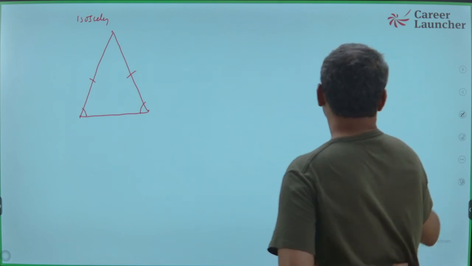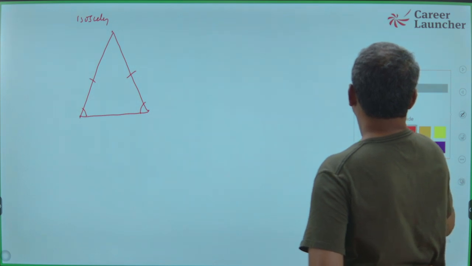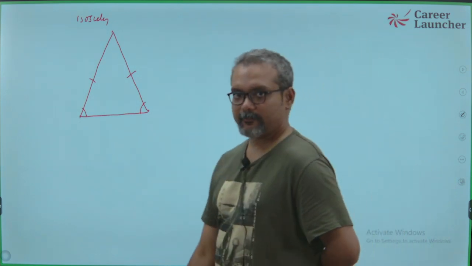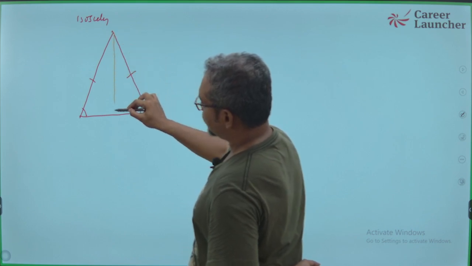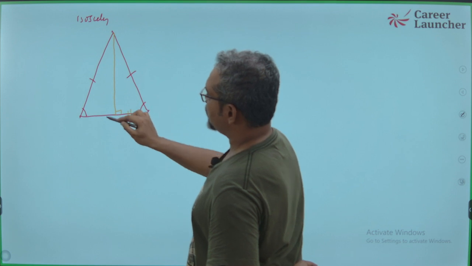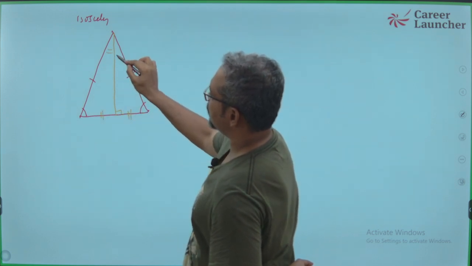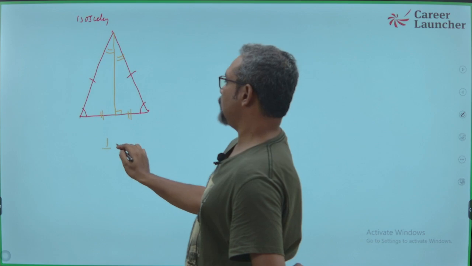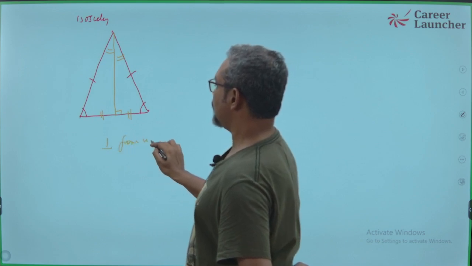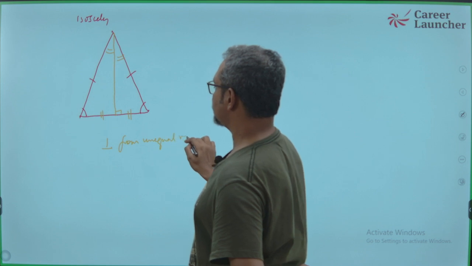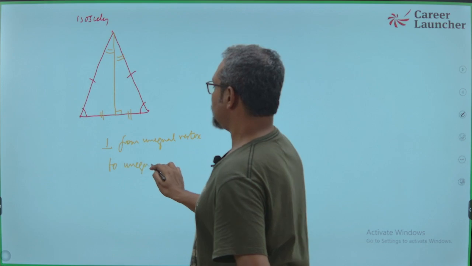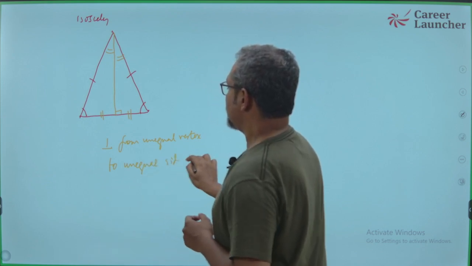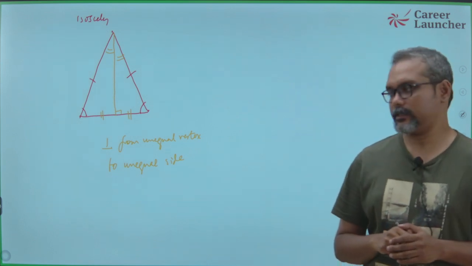Another very important property is, if you drop a perpendicular from the unequal angle to the unequal side, it will bisect that unequal side and the unequal angle. So the perpendicular from the unequal vertex to the unequal side, this has to be the case.